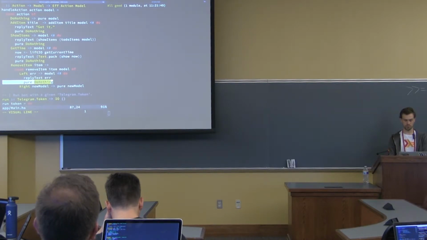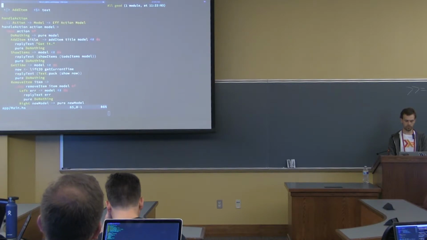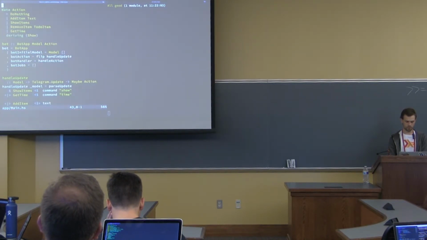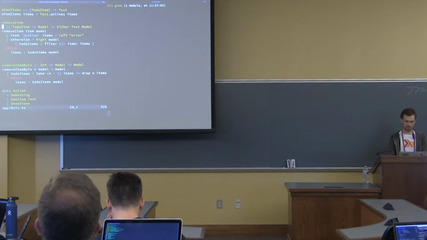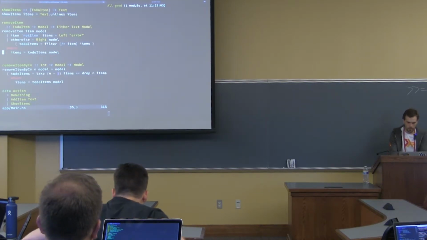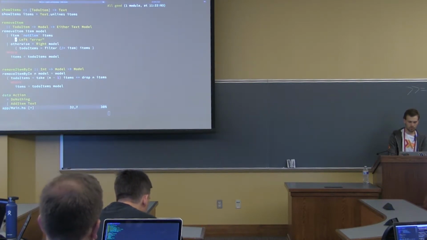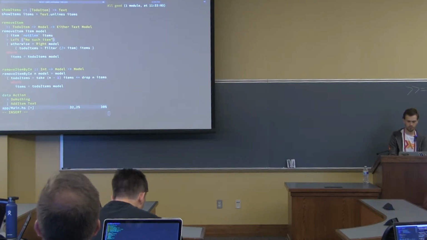Could you show just the removeItem function? removeItem, okay. Here it is. And yeah, we probably should use some better error message here, like no such item, and item here.